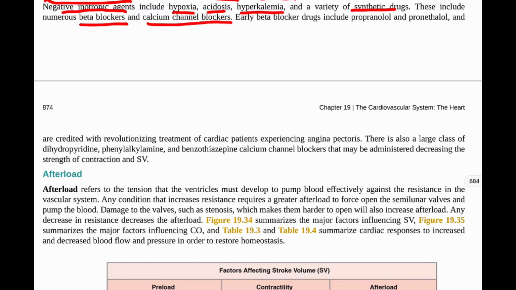Early beta blocker drugs include propranolol and pronethalol, and are credited with revolutionizing treatment of cardiac patients experiencing angina pectoris.